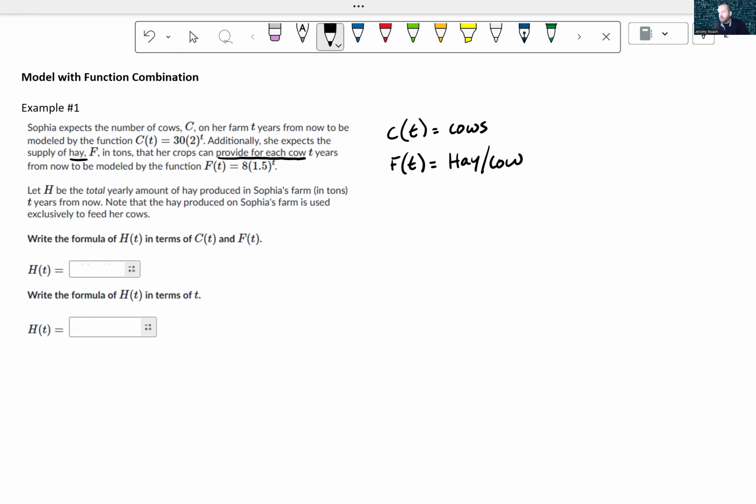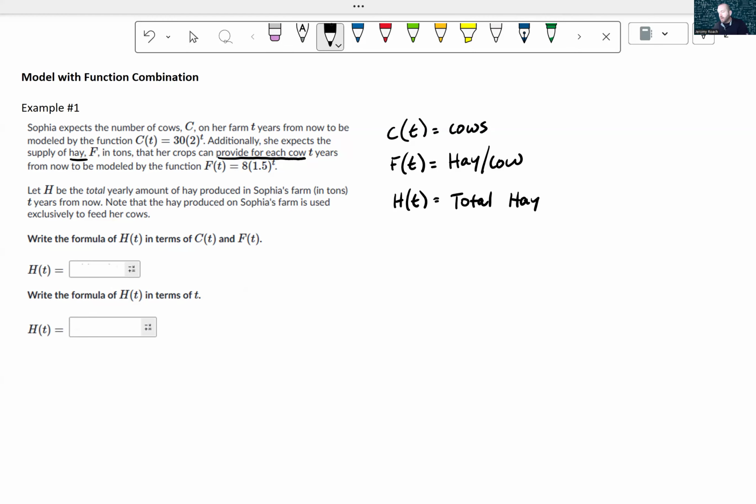And then H of T is the total yearly amount of hay. And that tells us very clearly right here at the last paragraph. So this is the total hay for the year.